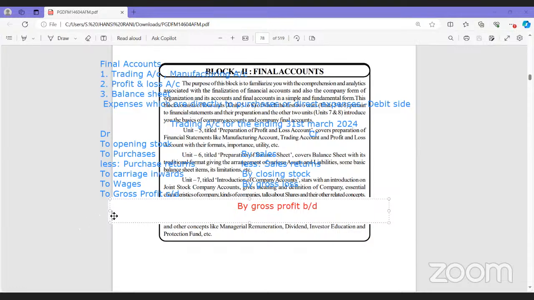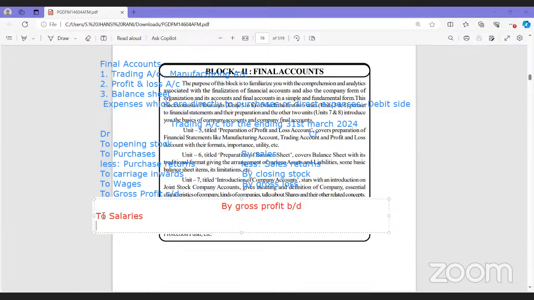So in that case, he will take a few people as employees for doing that work. For employees we will pay salaries.